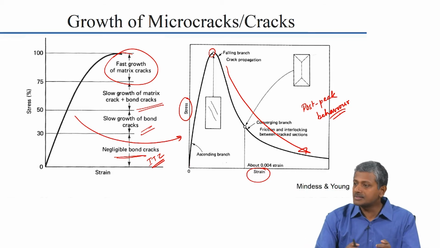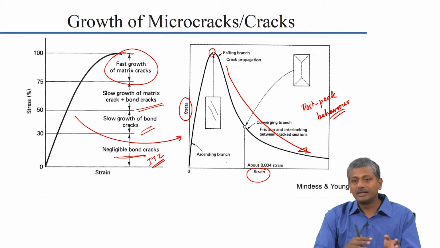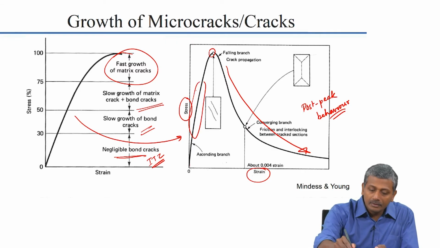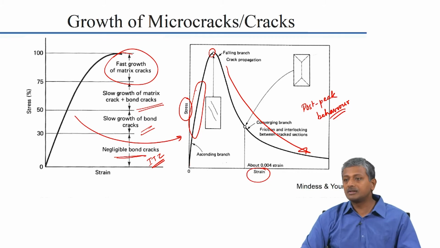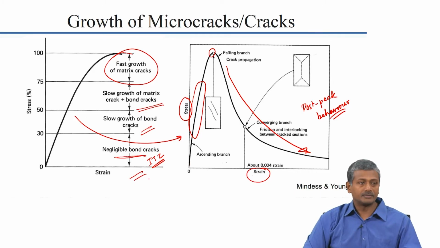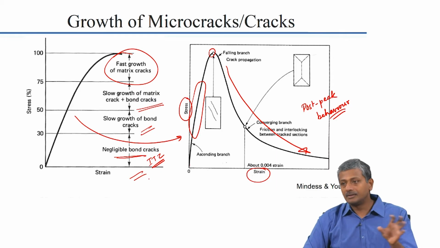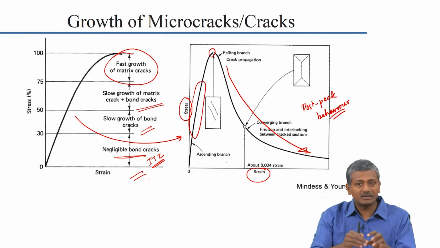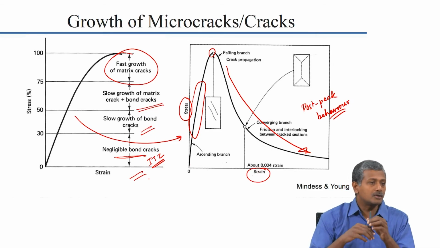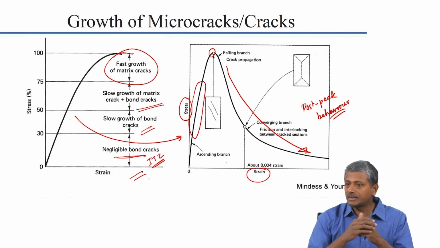Whereas in concrete, there is some ductility introduced into it because it is a multi-component system, and the non-linearity of the stress strain curve is also because of the fact that you have the ITZ in action. You do not have two phases that are perfectly matching with each other. You have two phases that are not matching, that creates a third phase called the ITZ, and that leads to the non-linearity of the stress strain curve. So, beyond peak also there is substantial deformation that can actually happen in concrete.